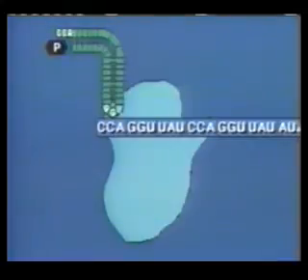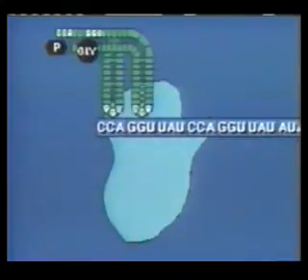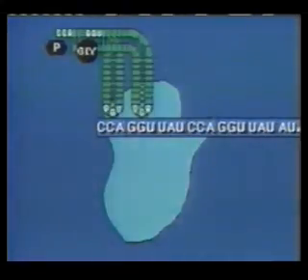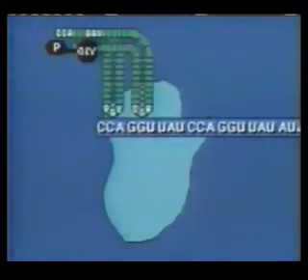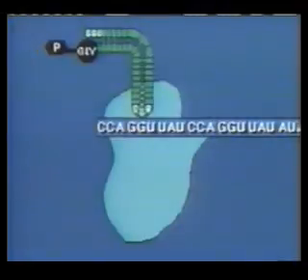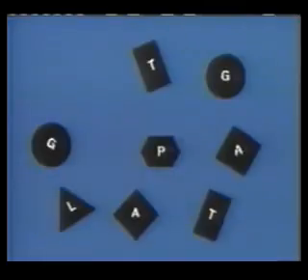When the next transfer RNA arrives, with its amino acid passenger, it locks into place in the same way. Now, the first amino acid is passed over and linked to the second through what is called the peptide bond. The first transfer RNA molecule is then released and becomes available to pick up another amino acid.